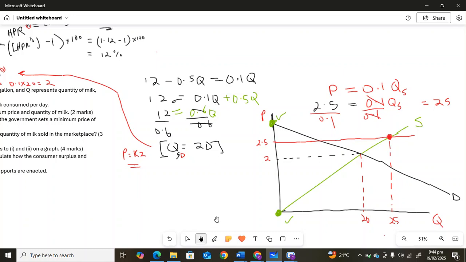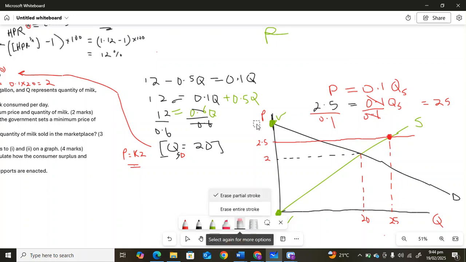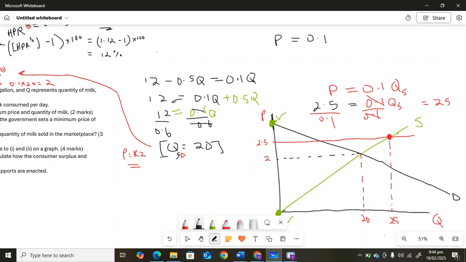Okay, so we start with the supply function. P equals 0.1 QS. All right.